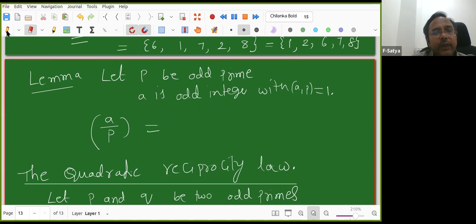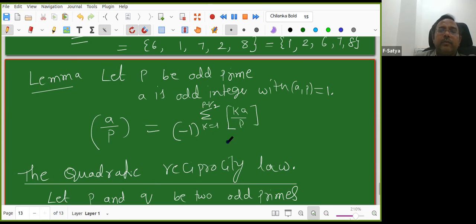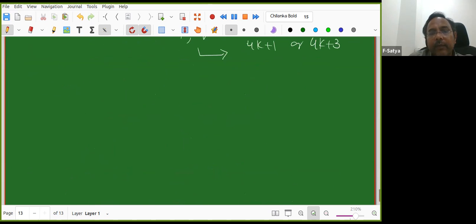He gave a very simple formula: (A/P) = (-1) to the power of the summation, K from 1 to (P-1)/2, of floor(Ka/P). Does it not look simple? I'll write it below. Tell me if you have any difficulty.